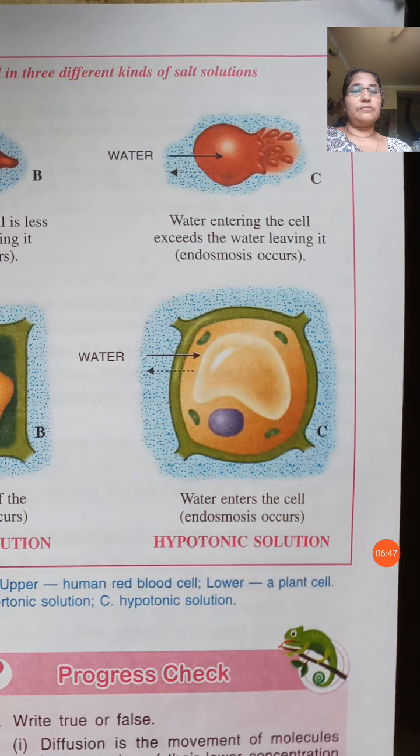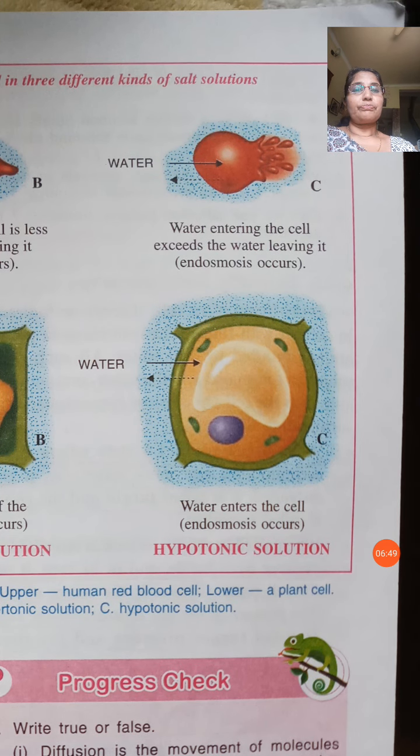Then in case C, you can see the RBC absorbing water. It has only a cell membrane outside it, so it bulges or enlarges. After that, the cell membrane cannot hold the pressure of the water inside, so it bursts.